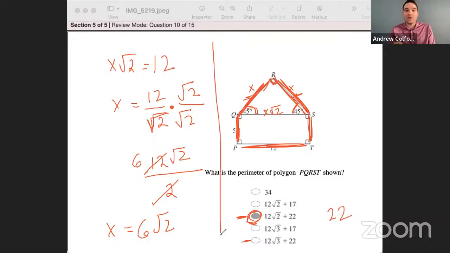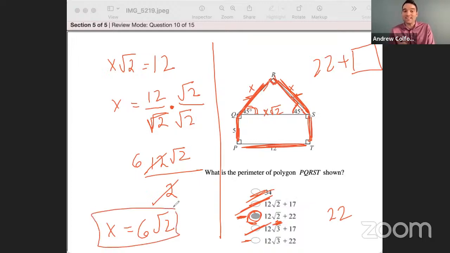So I can put everything on the left to the side and, just eyeballing it, say it's 22 plus something, and so these are out. And that something should probably be a root 2 instead of a root 3. Now, to be exact, since each x is 6 root 2, it's going to be 6 root 2 plus 6 root 2, and that's going to be 12 root 2.